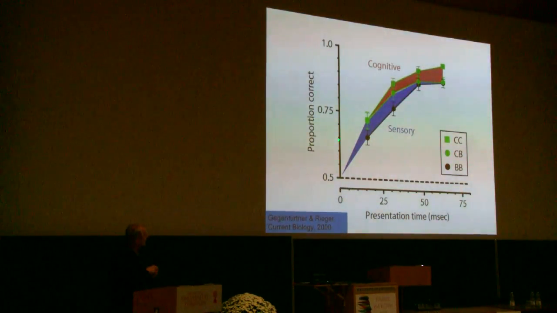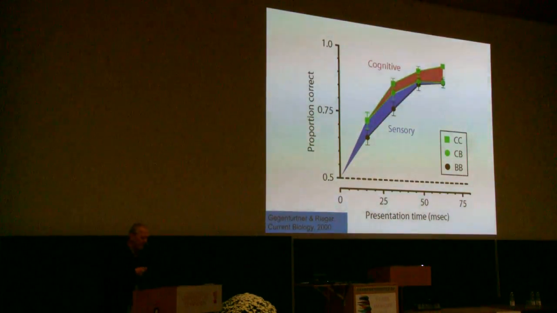So initially, the images presented in color are processed better, but then eventually the grayscale processing catches up. It just needs a little bit longer. But then, of course, when the testing is done in black and white, it cannot reach the same level of performance.